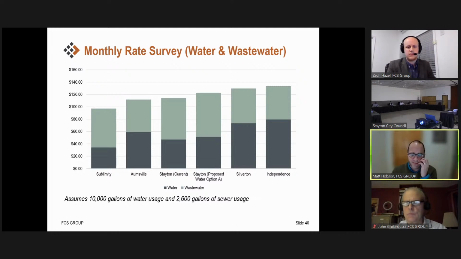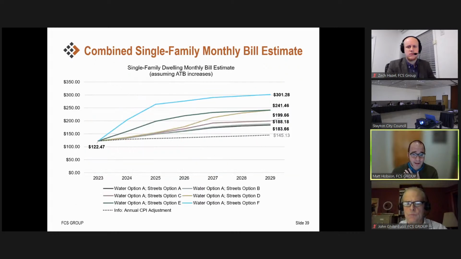And Lance, if I can just reference one additional slide to take a look at, and it's slide 39, which shows the combined single-family monthly bill estimate under these pathways. And so you get a holistic view of our current combined bill for a single-family customer is about $122. And then we show for each of the street options where that would land over the next 6 years.